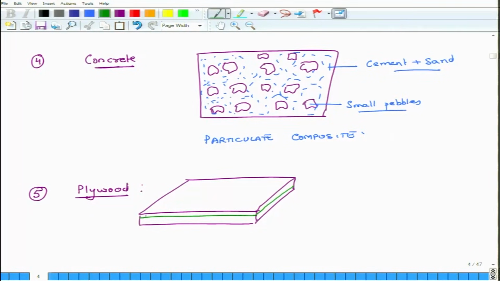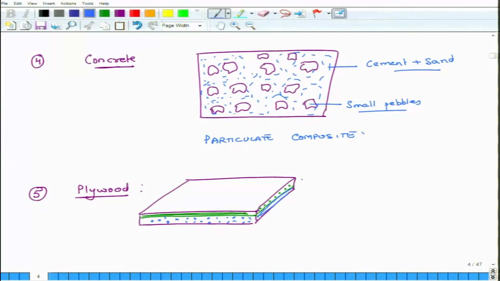And what you will see is that this plywood may have in the top layer a lot of fibers in this direction. So, if I look at it from this side, it may look like this, and the other layer may be something like this, and here it may look something like this, and there are different ways these plies can be arranged.